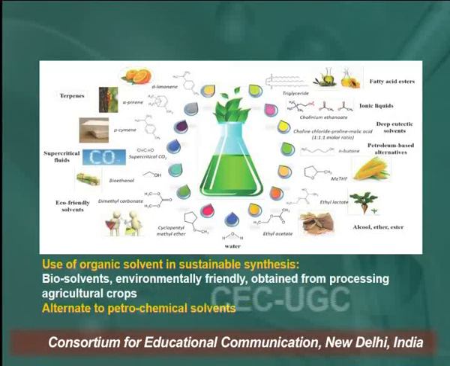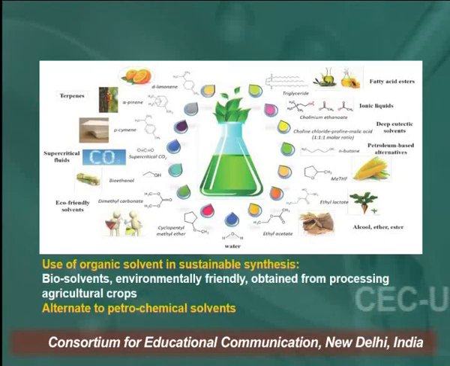On your screen you can see these biosolvents, which we can obtain from agricultural crops. Because we obtain these solvents from crops, they are biodegradable, and they are wonderful solvents and an alternative to petrochemical solvents.